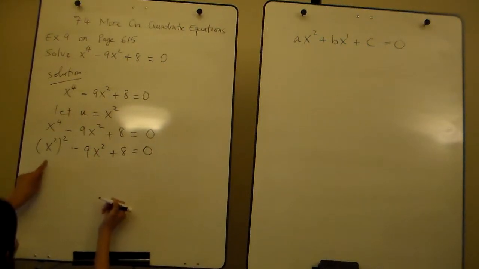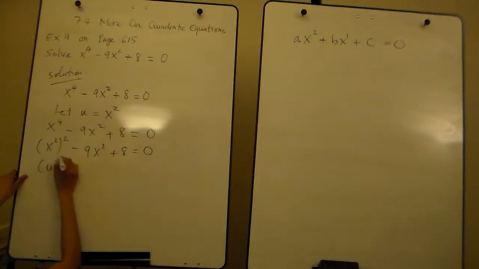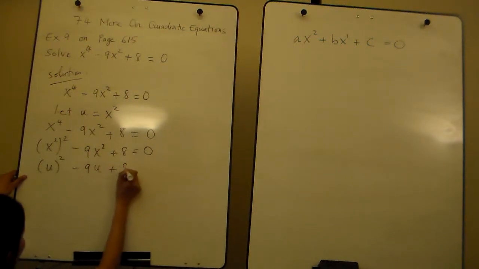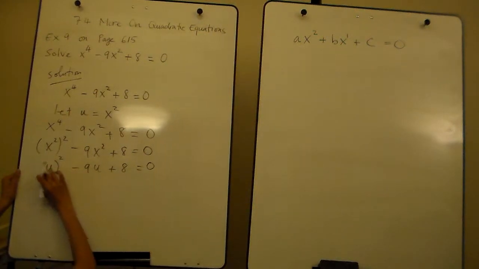Now, if you replace x squared with u, you would get u squared minus 9. x squared is u, so replace this x squared with u plus 8 equal to 0. Now, u squared is just u squared, so you can drop the parentheses here.